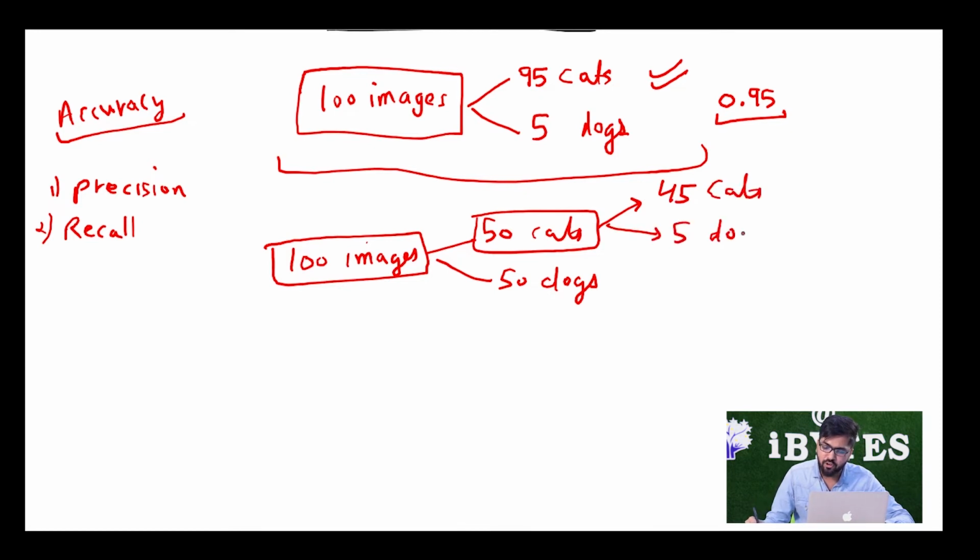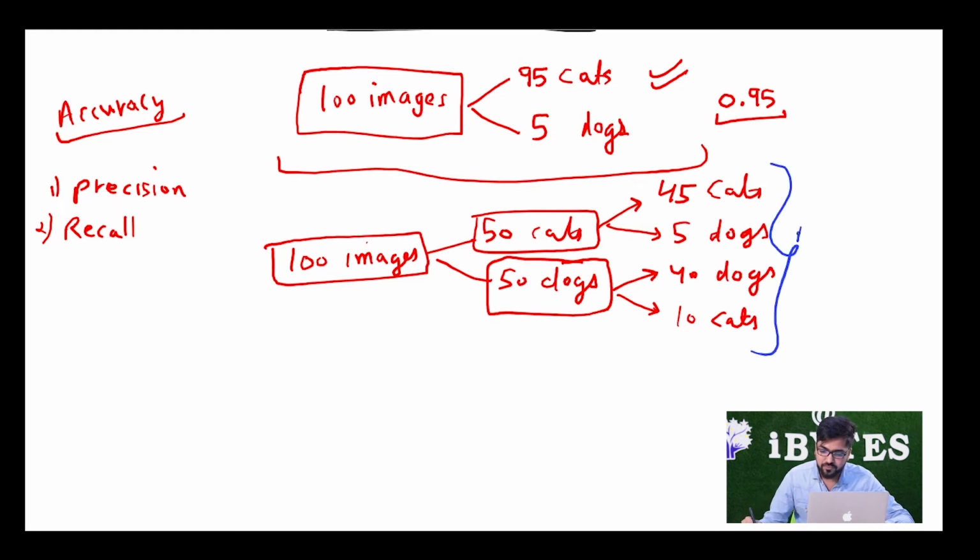Basically, I made an error on 5 of those images, and out of those 50 dogs, I said 40 to be dogs and 10 to be cats. So, very clearly I can say that my accuracy for this model is going to be 85 by 100, because I am labeling 85 correctly and I am labeling 15 as wrong.